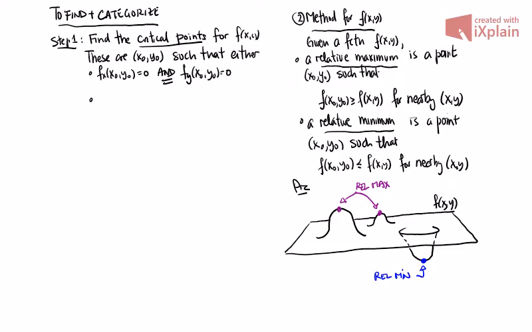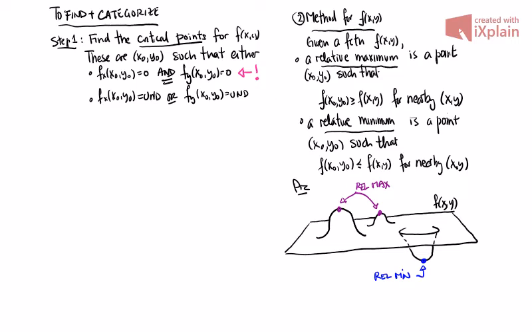The second case would be f sub x of x0, y0 is undefined, or f sub y of x0, y0 is undefined. We are always going to focus on this first case right here.